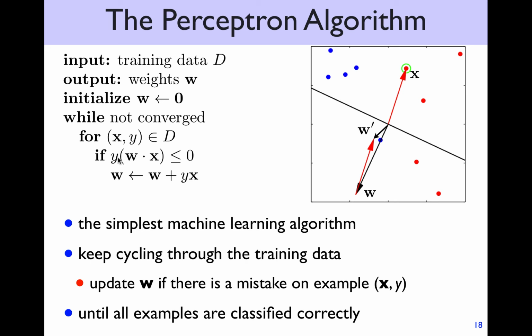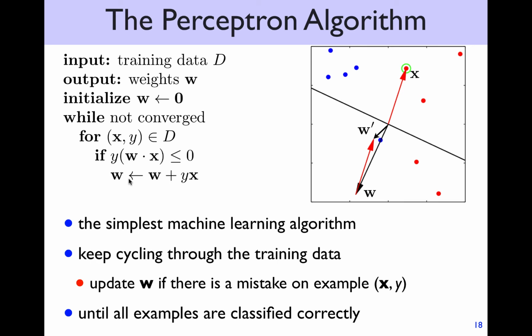So if you don't agree with the correct label Y, including the tie-breaking case, because we don't want to be doing chance, right? So even if it's a tie, we consider it wrong. You have to be positive to be correct. Anyways, if you're misclassifying this particular example XY, then we need to do an update or fix on that example.